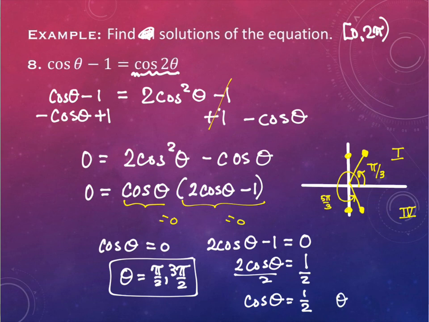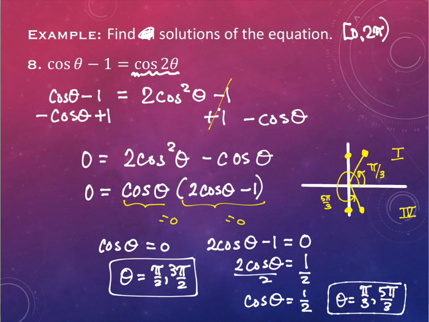So over here, my thetas are at pi over 3 and 5 pi over 3. And again, you could be asked to put them in increasing order or something like that. But we'll just call it good at that point on this problem for our purposes. Okay, is that okay? So we ended up getting 4 answers out of a quadratic this time.